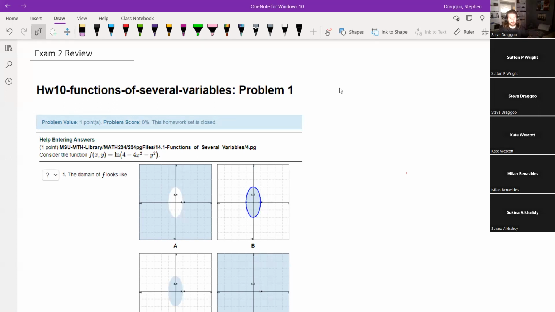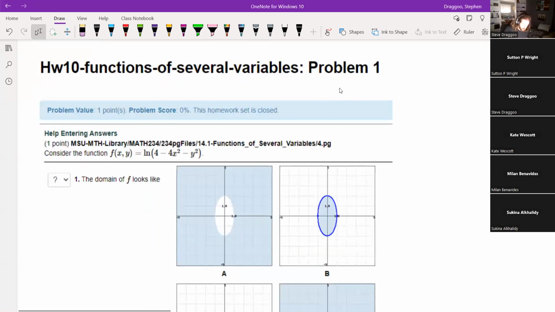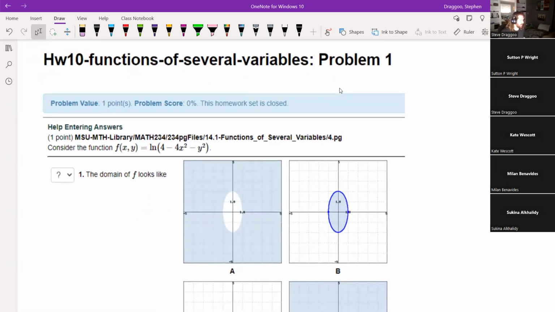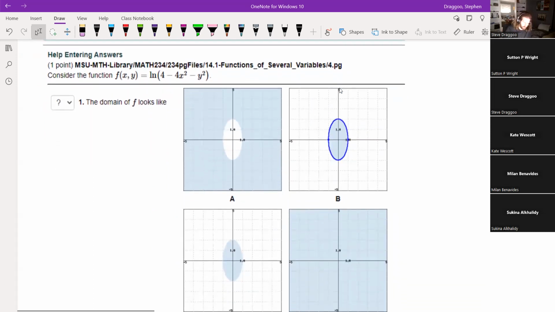All right, so question number 1. We've got some function. It's a multivariable function, meaning it's got both x and y that get plugged into it. And we want to figure out what the domain of this function looks like, based on a sketch of some diagram of it.